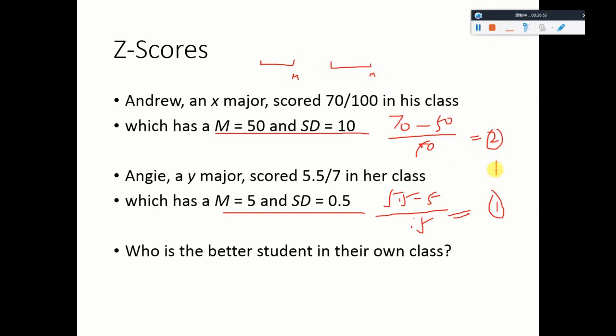So these two values as distances can be directly compared. That suggests Andrew is indeed the better student in their own class. So we should recommend Andrew to be hired for the job. Okay? Well, I hope that makes sense. You should, right?